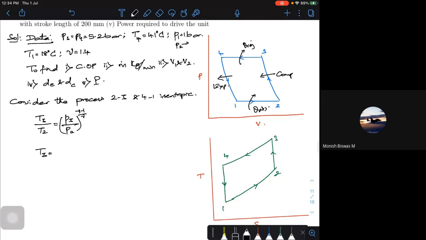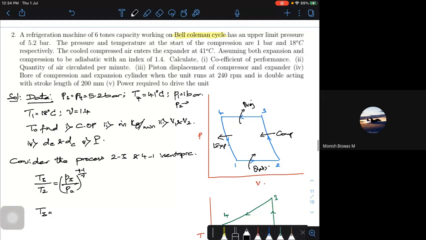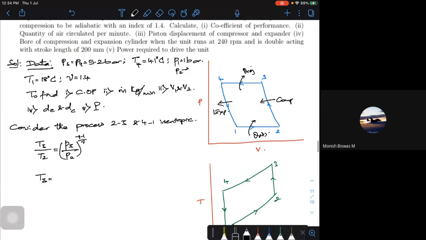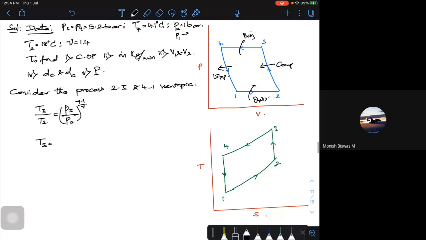what is T2? They have given the temperature as 18 degrees: pressure and temperature at the start of the compression are 1 bar and 18 degrees. So this is T2, sorry, this is not T1, it's T2. So T3 is equal to T2 into P3 by P2 whole to the power of gamma minus 1 by gamma.